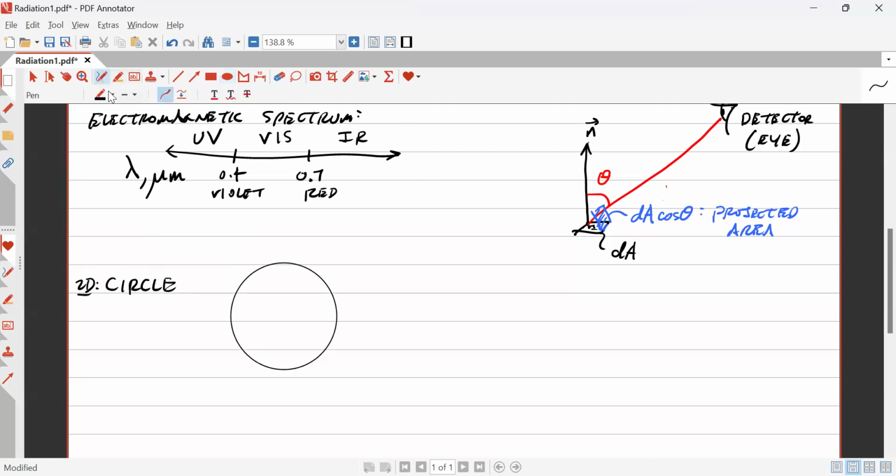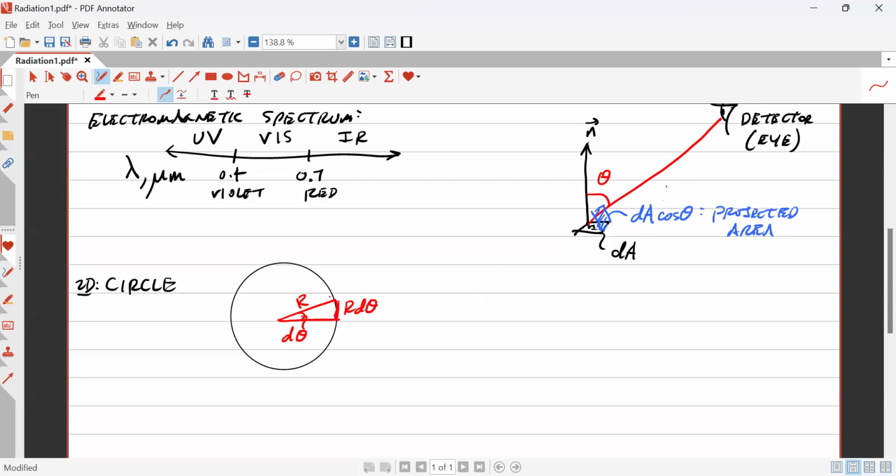If you were at the center of the circle and you draw a line out to here, and you draw another line out to here, and say this angle is very small, we'll call it d theta. And the radius of this line is capital R. That means the length of the arc here is going to be r d theta.